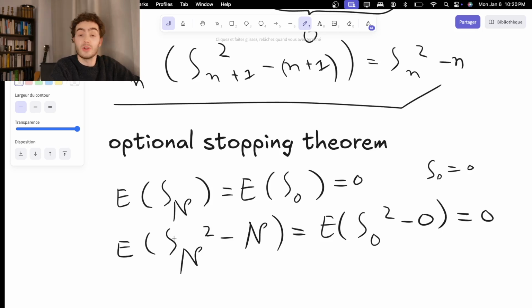And now, in order to solve the drunk man problem, we simply need to solve these two equations.